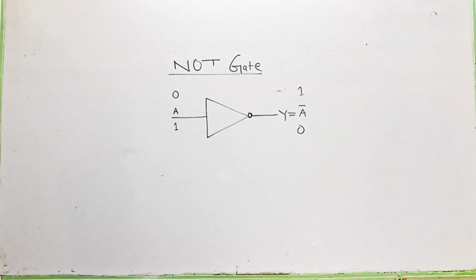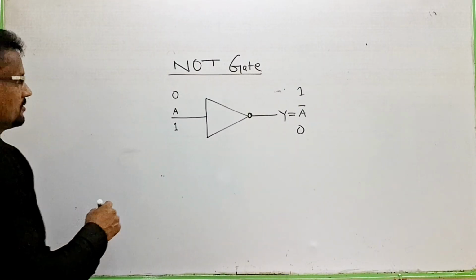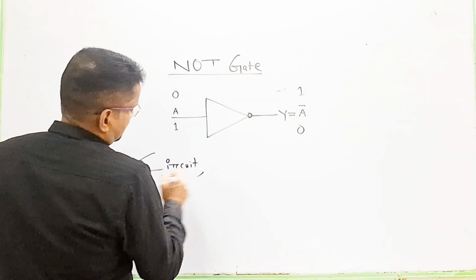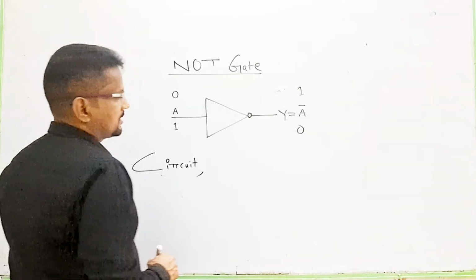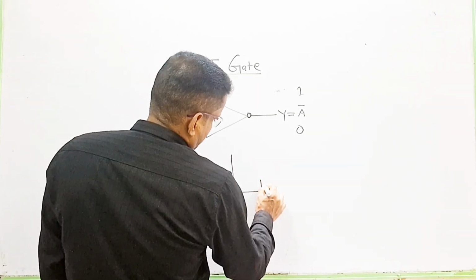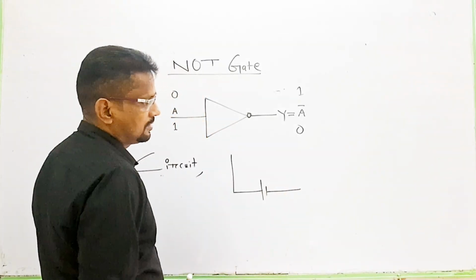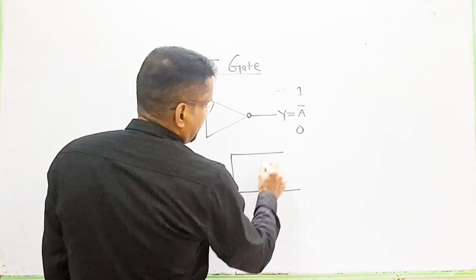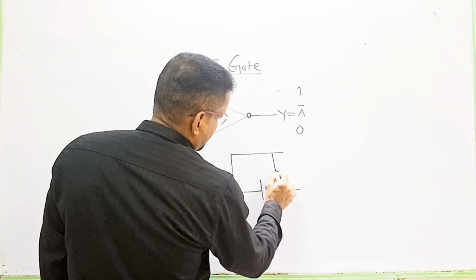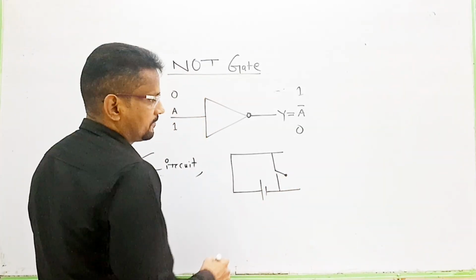This is the fact. And see the circuit of NOT gate. How does the circuit look like for NOT gate? It is like this. Say here is the source or battery, and it comes this way. Here is a tapping key.